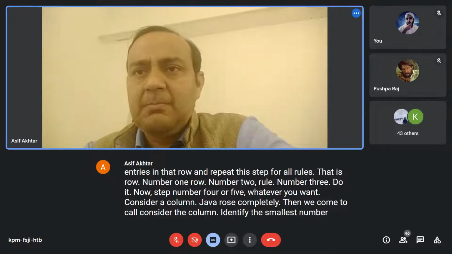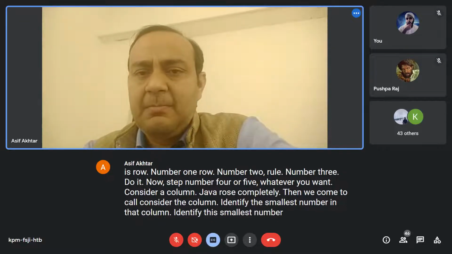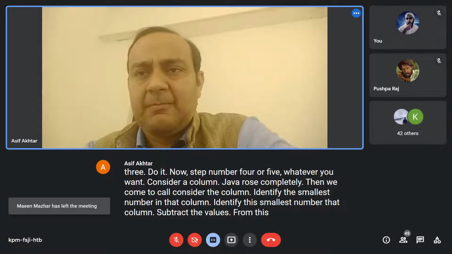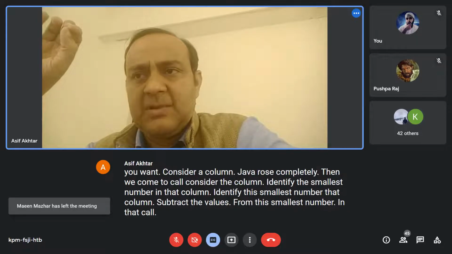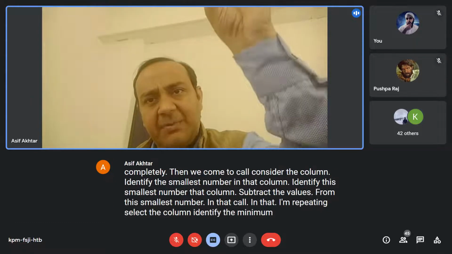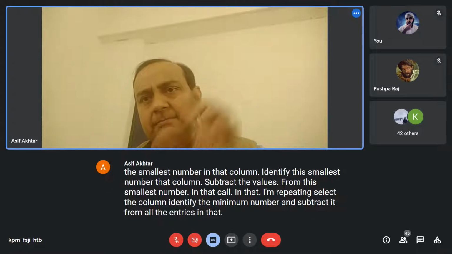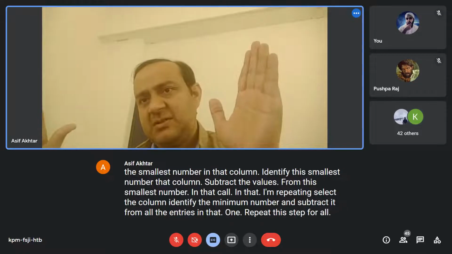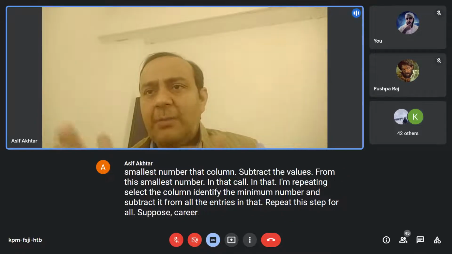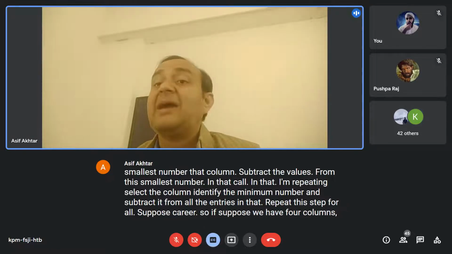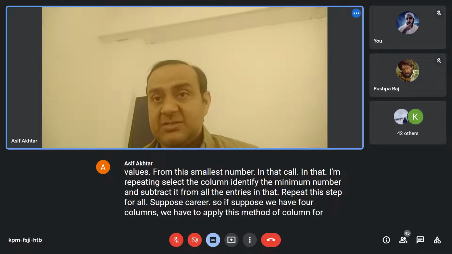Identify the smallest number in that column and subtract it from all the entries in that column. Repeat this step for all columns. Suppose we have 4 columns, then we have to apply this method to all the columns, one by one.